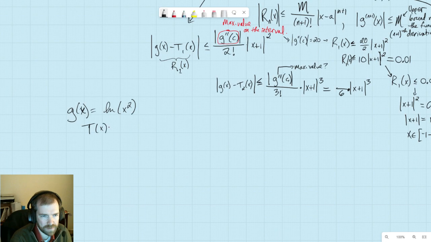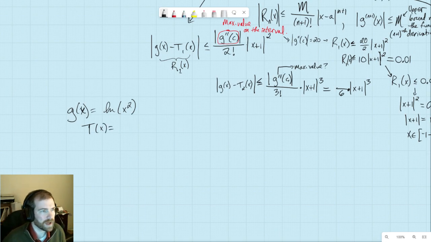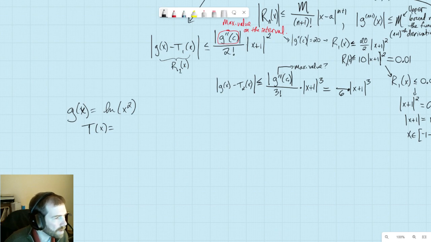So T of x is going to be equal to, and I don't remember what my actual Taylor expansion of natural log is. It's in here somewhere. There we go.